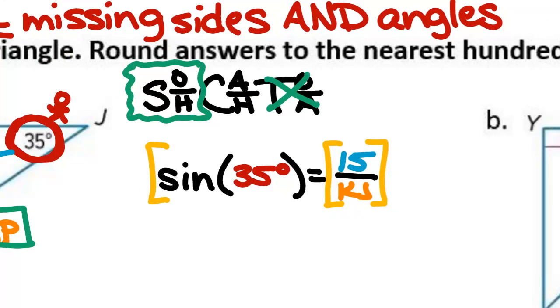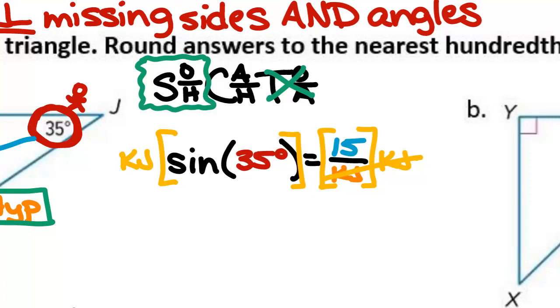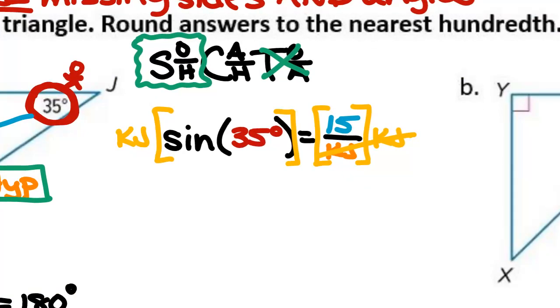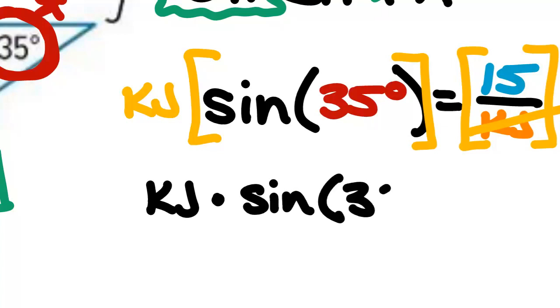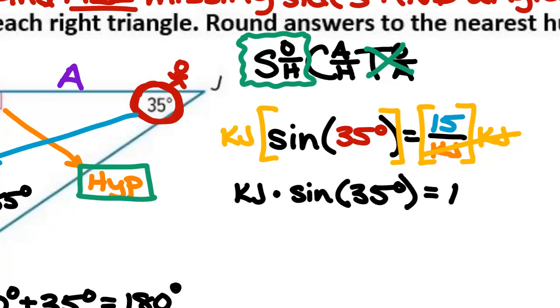SOHCAHTOA? Nope. You have to know SOHCAHTOA. Good questions, though, guys. Very good questions. My unknown thing is KJ. Again, you can use x in the place of KJ. That's fine. But we would have side KJ times the sine of 35 degrees is equal to 15.